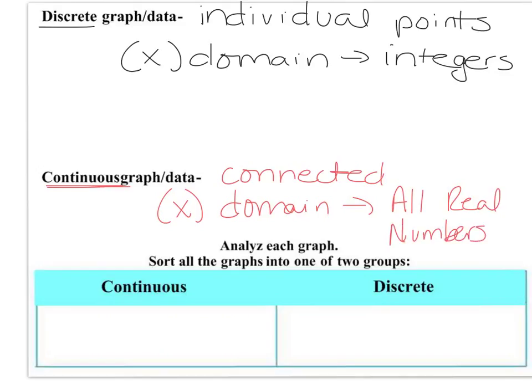Meaning it could be positive, it could be negative, it could be decimals, it could be fractions, it can be any of those. Okay.